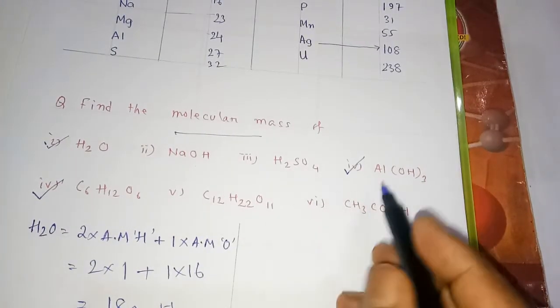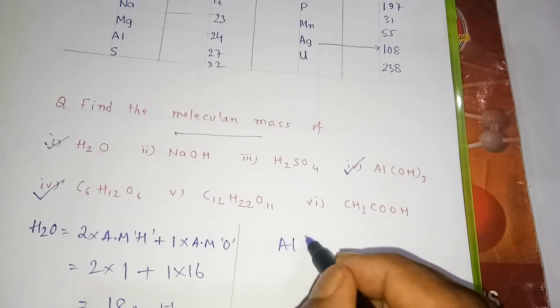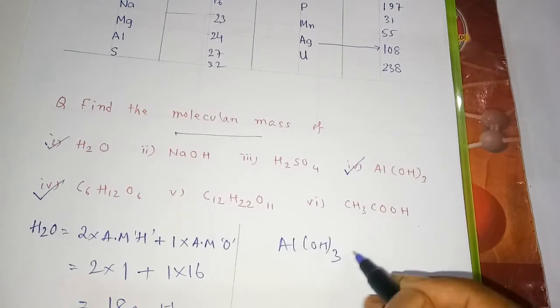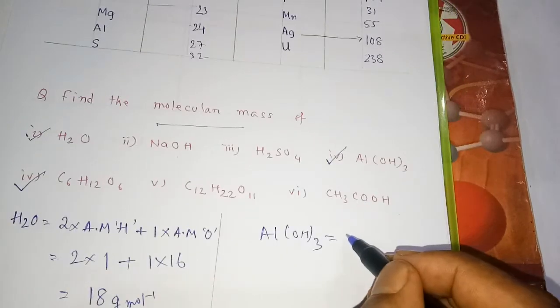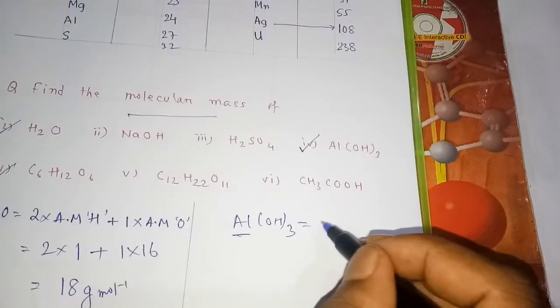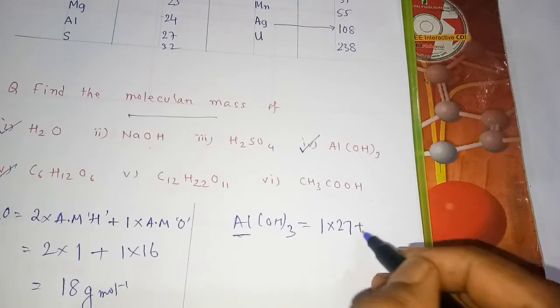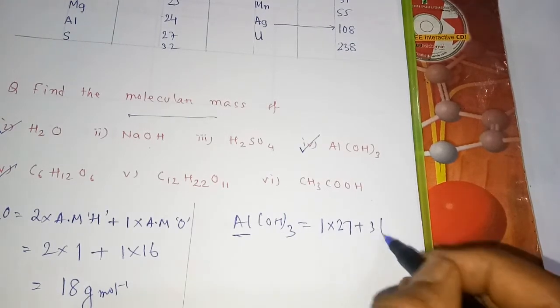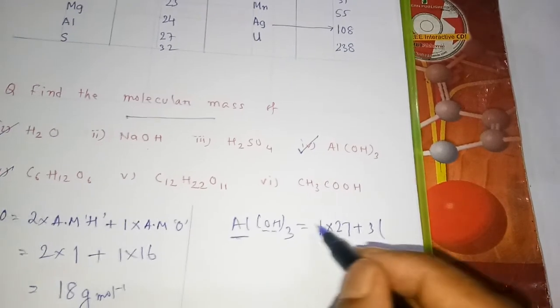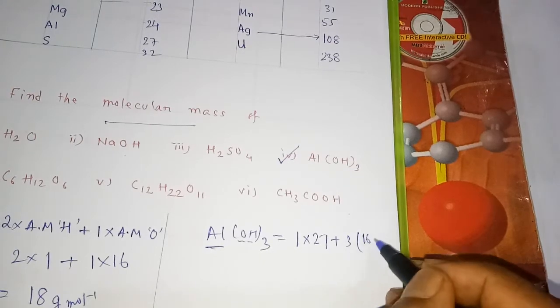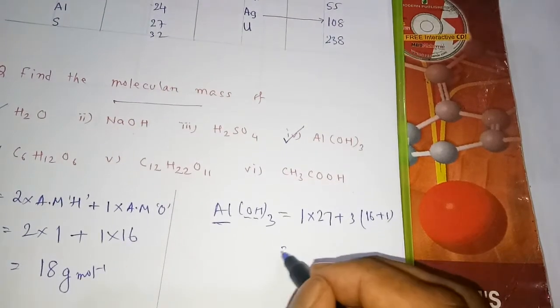And aluminum hydroxide: one aluminum is there, so one aluminum mass is 27, plus 3 into oxygen plus hydrogen, 16 plus 1.